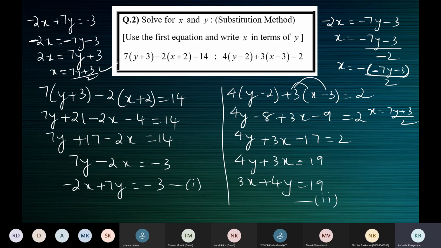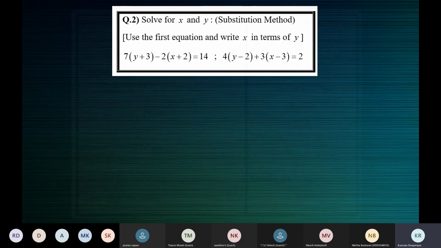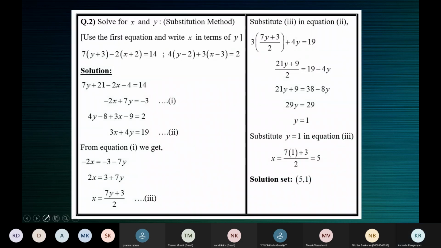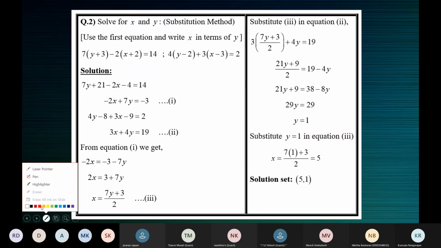Children, get the first and second equation and copy it from the slide, what you see now. If it's clumsy, I'll show you this itself.